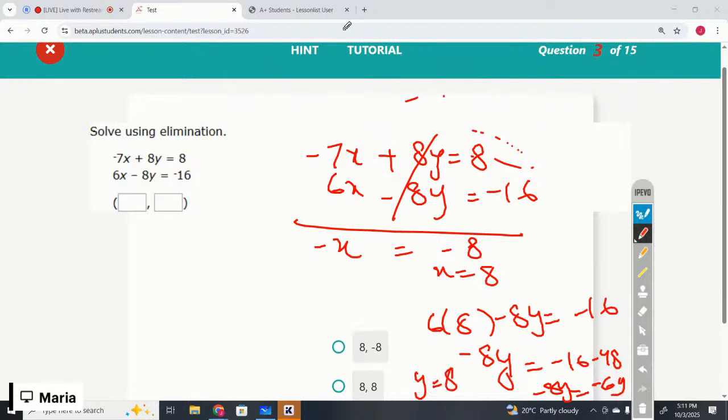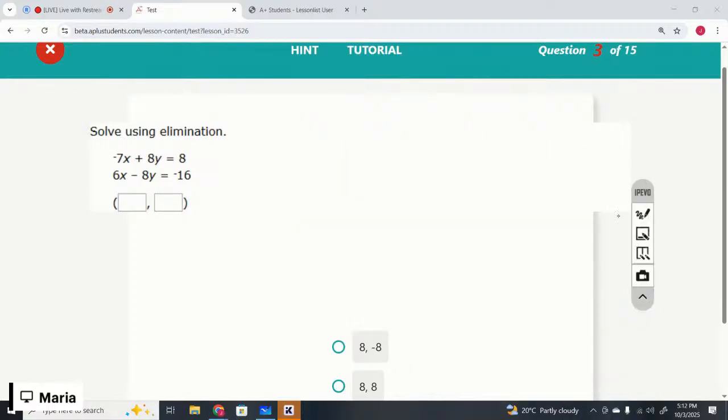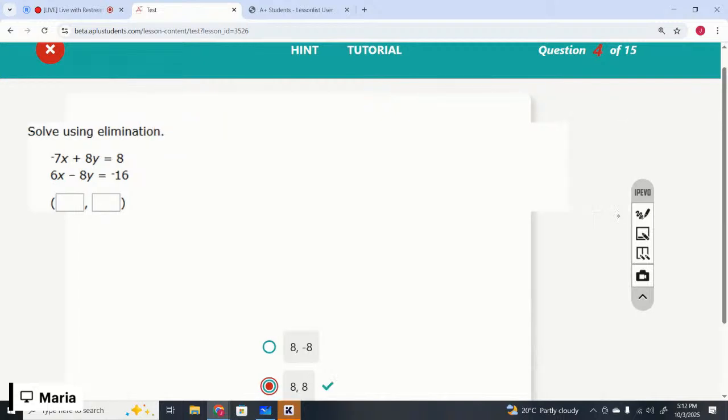So the correct option is option number 2, x equals 8 and y equals 8. Option number 2 is the correct option. 8 and 8 is the correct option.